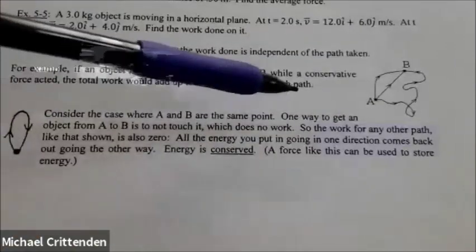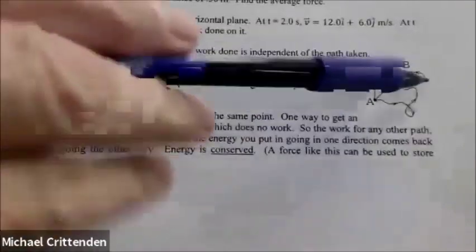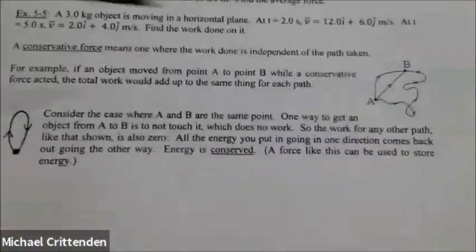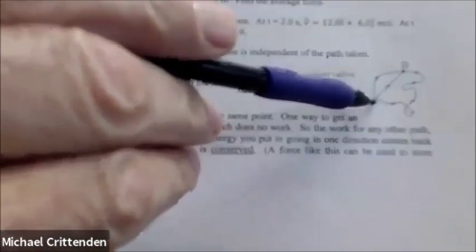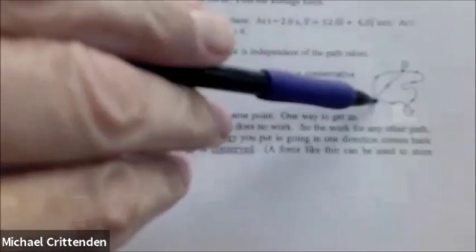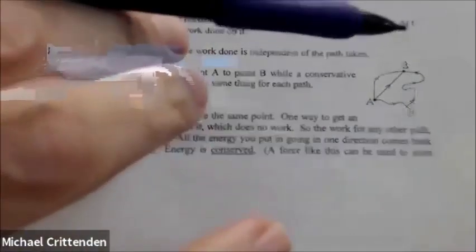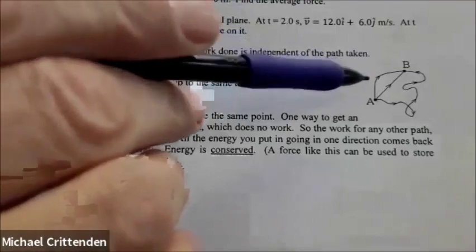If you're lifting it from one shelf to another, the amount of work you end up doing is going to be the same, whether you go right straight across like that, or whether you follow this rather circuitous path that I've drawn here, because gravity is an example of a conservative force, okay?